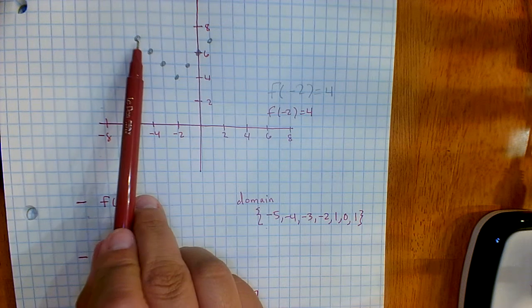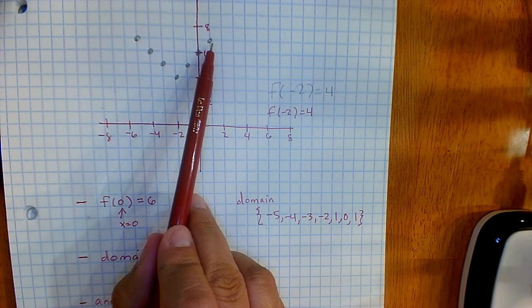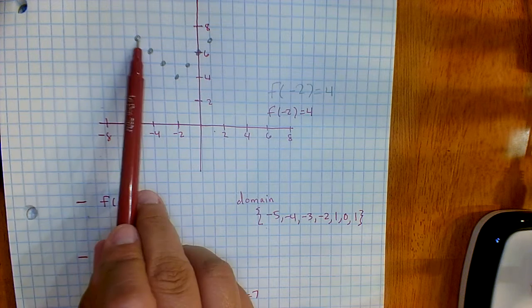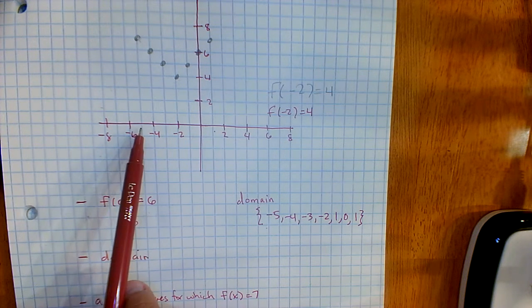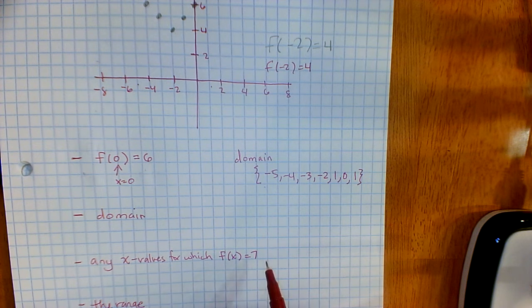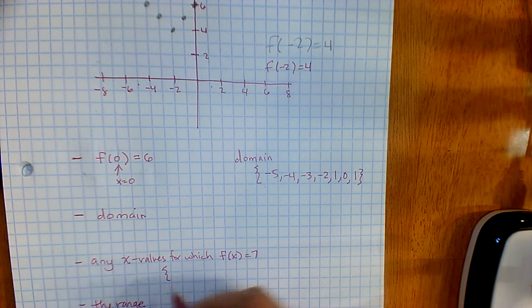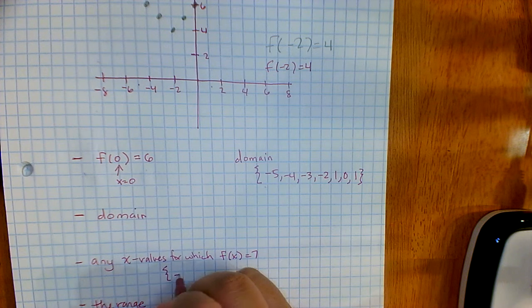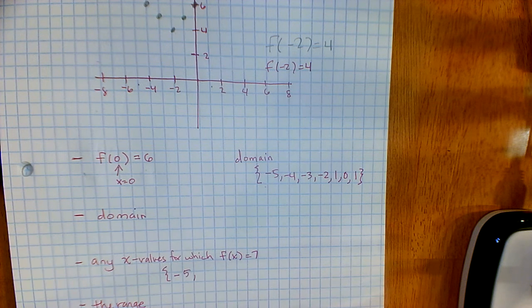That's only happening 2 times on this graph, and that's when I have an x value of 1, and over here when I have an x value of -5. So for y to be 7, excuse me, my function to be 7, I need my x values to be -5, or I need them to be 1.